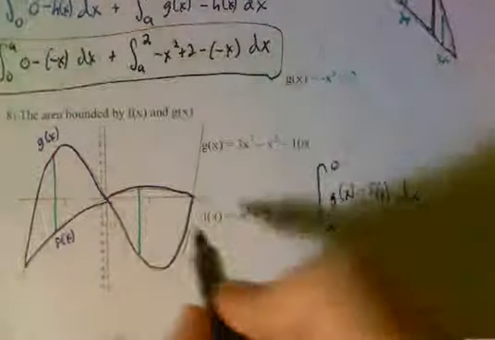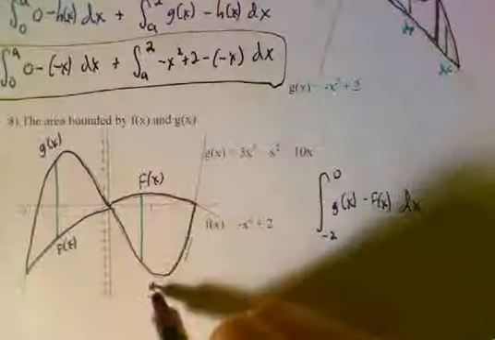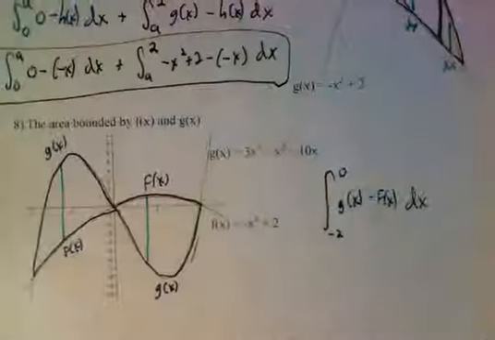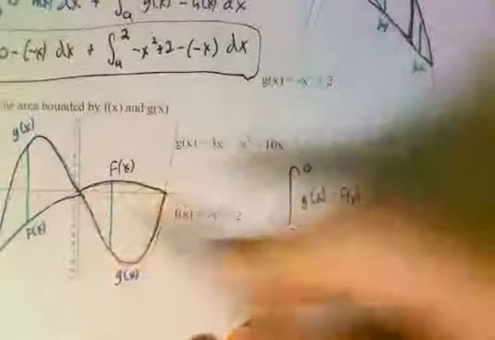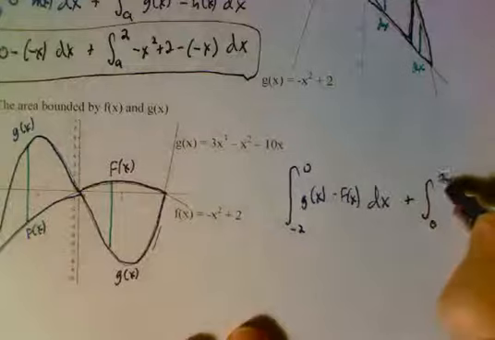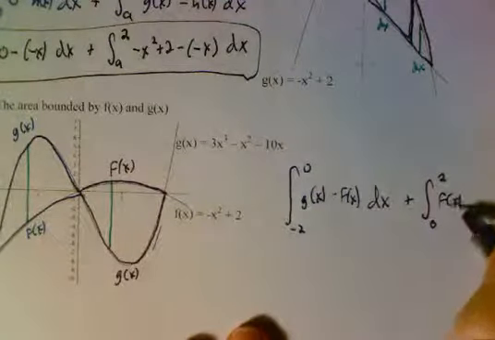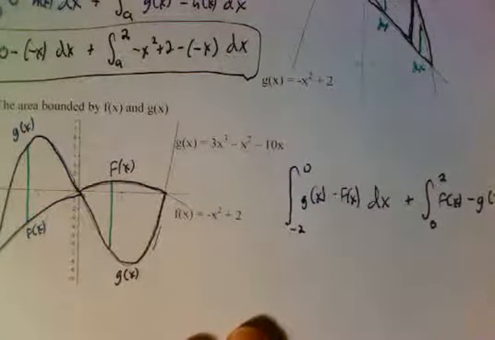For the purple one, f of x is on top, g of x is on the bottom. So we're starting at 0, we're ending at 2. I'm going to do f of x minus g of x.